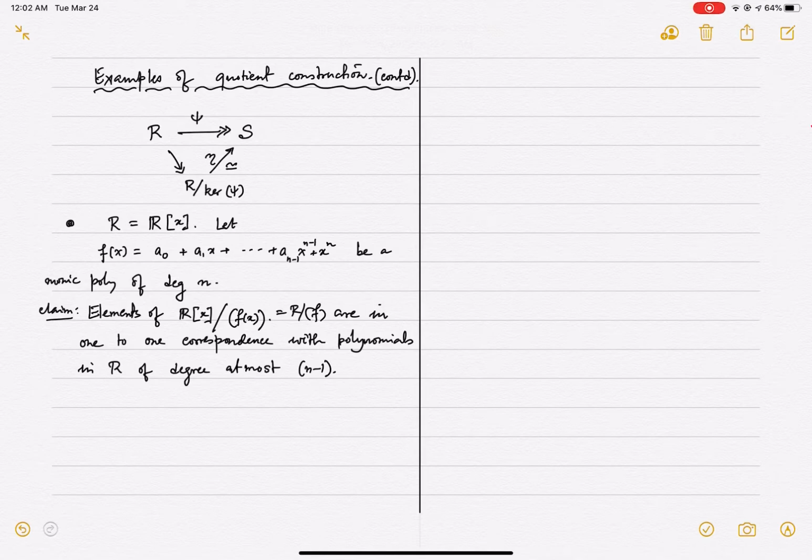So this, I've written out a sketch. Let me just say briefly what's going on.